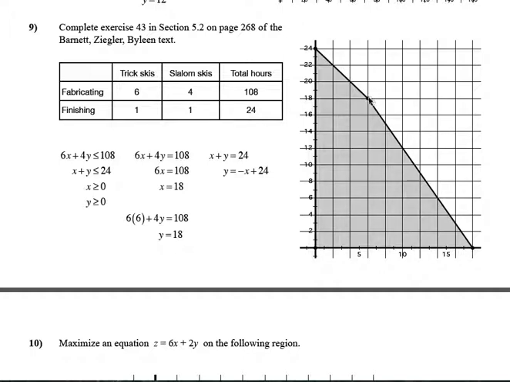So that's where these two lines intersect, and this area that's enclosed below those two lines, and again, as I said, to the right of the y-axis and above the x-axis, that whole shaded area is the feasible region or the solution region for this system of inequalities. It represents the feasible region at that ski manufacturing plant.